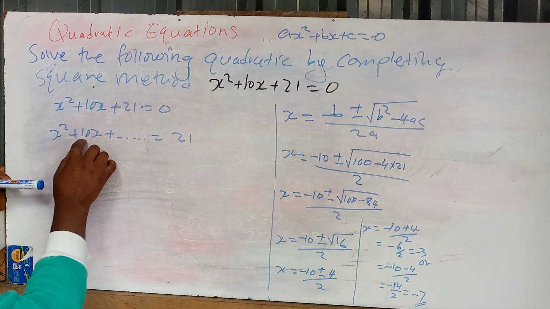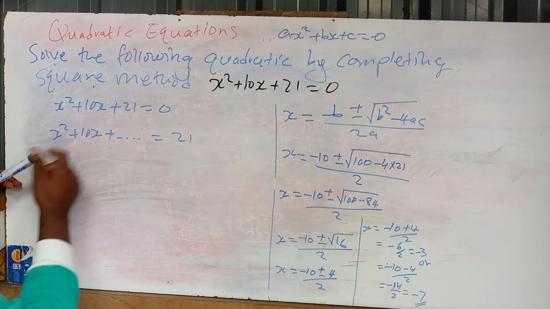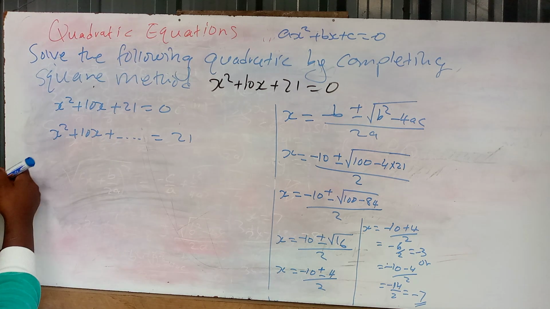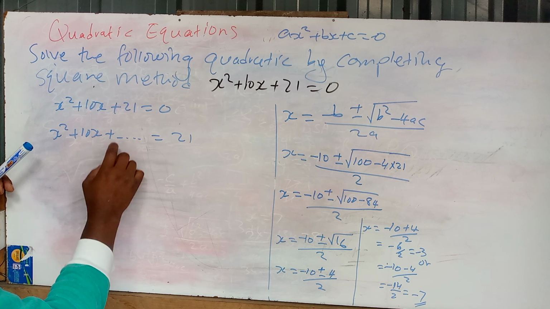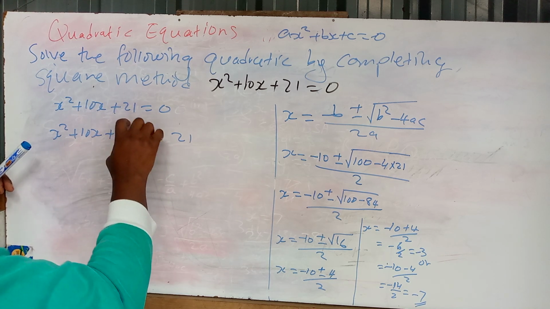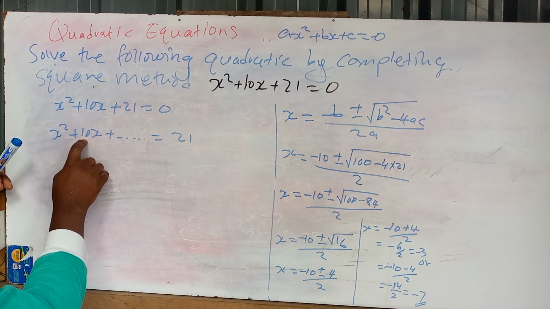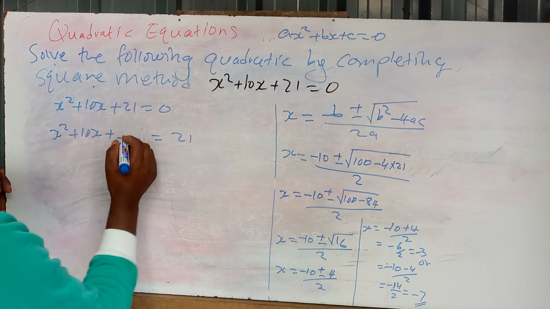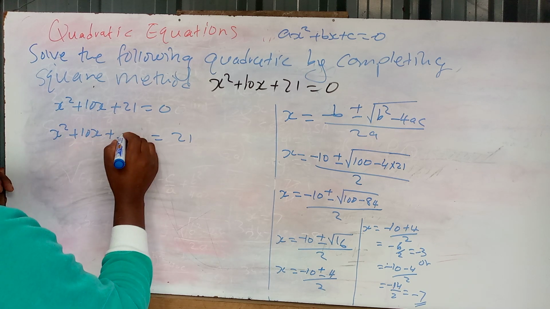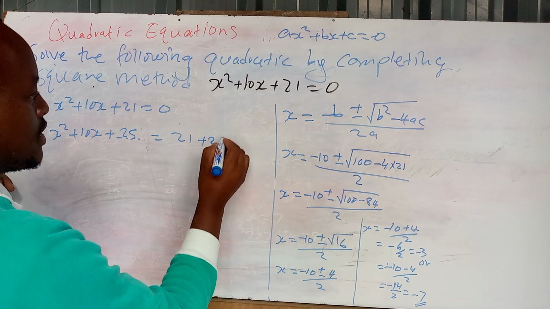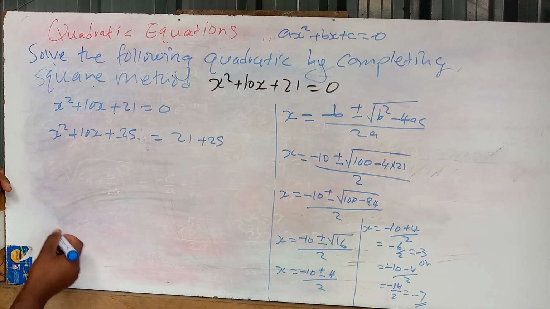Now we want to make it a perfect square. Perfect square means that you divide this by 2, you square, then you get the value here. Dividing by 10 by 2, we are getting 5. 5 squared, you get 25. You also add 25 on the other side.